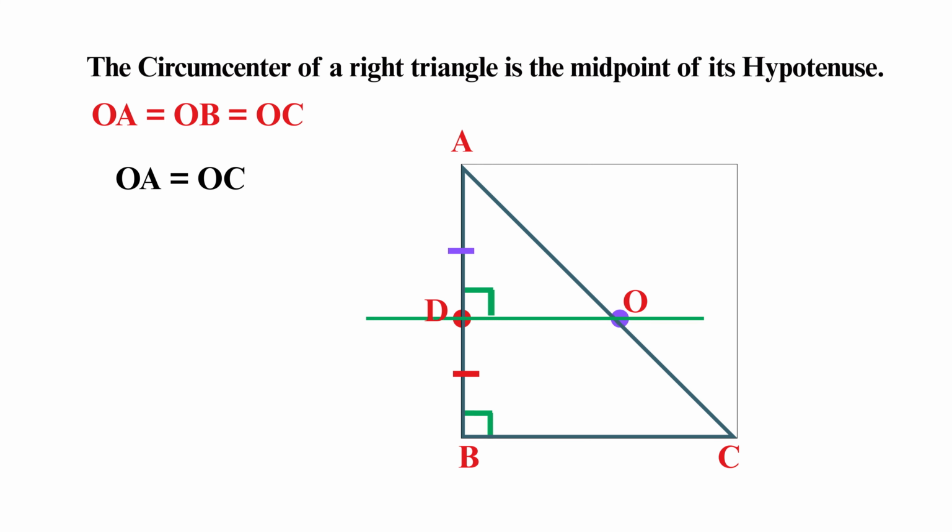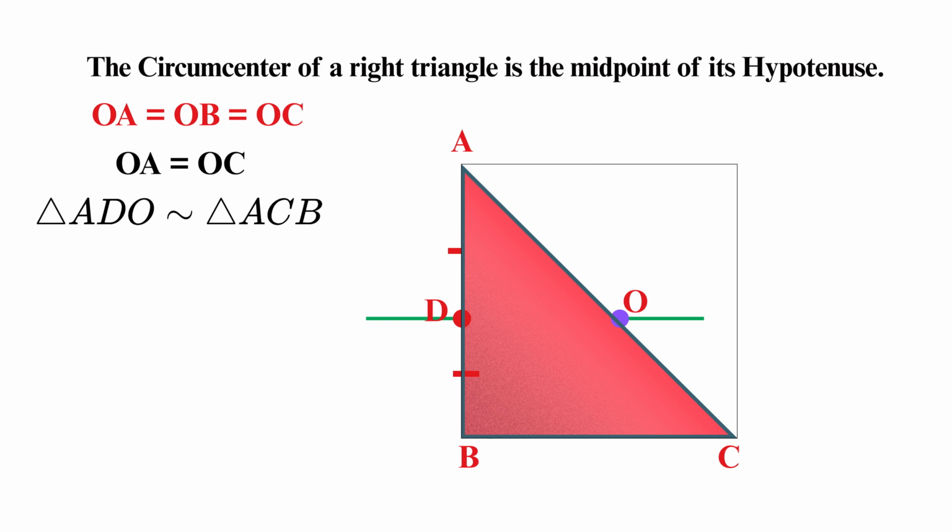Now, look at the triangle ADO. If we scale it up, it's similar to the larger triangle ACB. The similarity ratio is 1:2, since AD divided by AC equals 1:2.